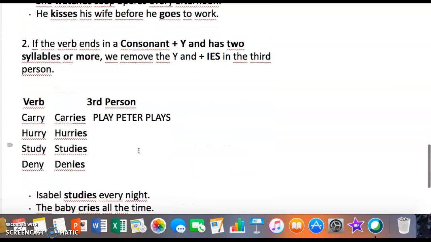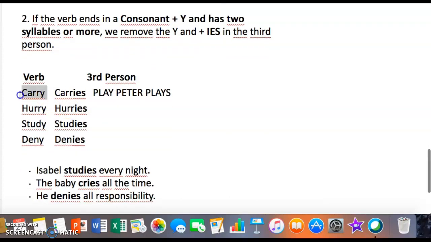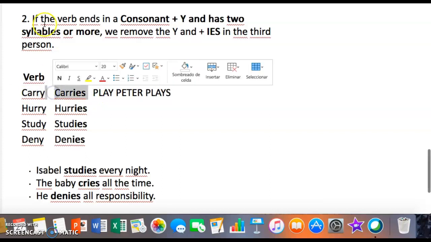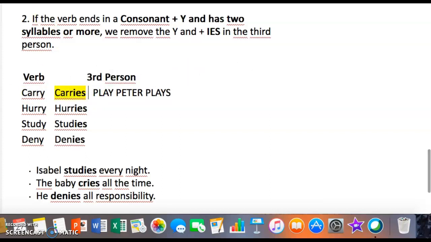The other rule is that if the verb ends in a consonant plus Y and has two syllables or more, we remove the Y and we add IES. So although I say carry, he carries with the IES.